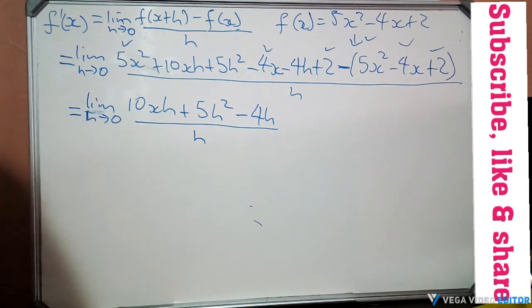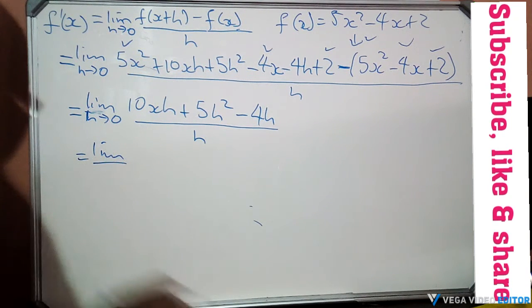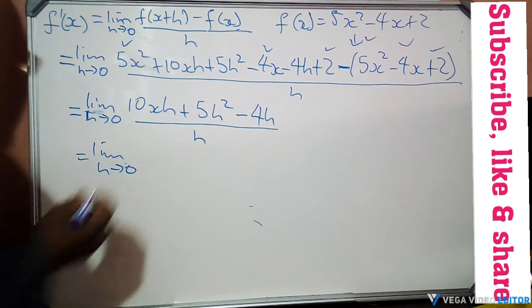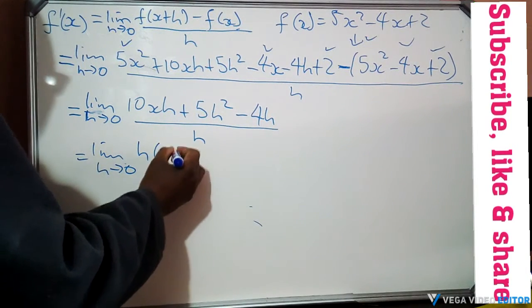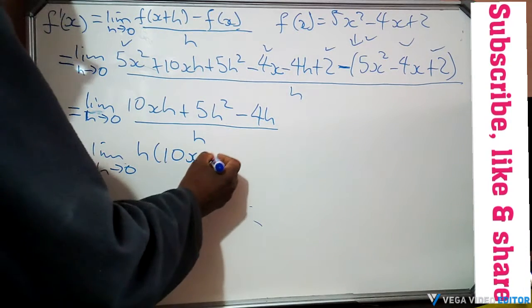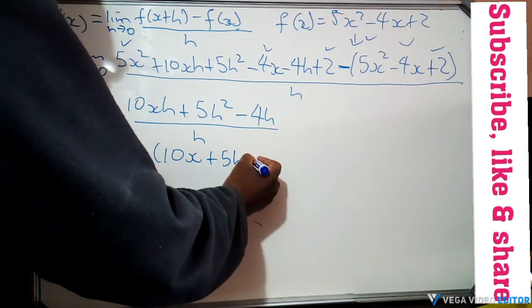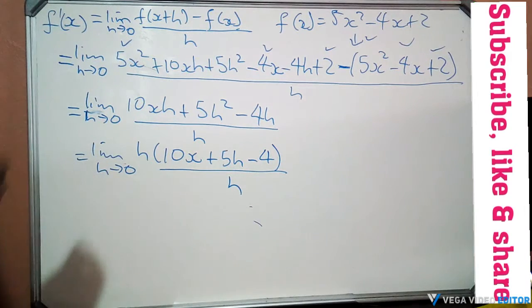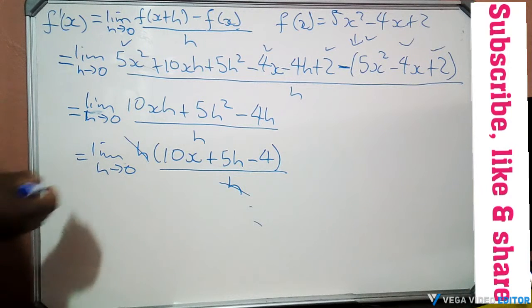Then we now factorize, with the limit with h approaching 0. h is a common factor there, so we've got h times 10x plus 5h minus 4, divided by h. We can tell that this h and that h will cancel each other out.